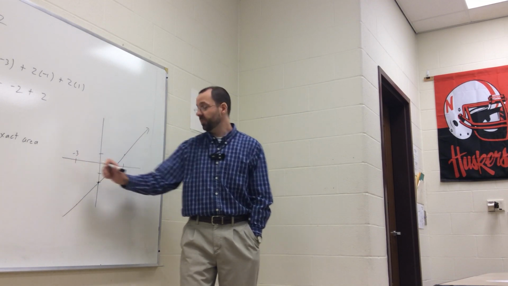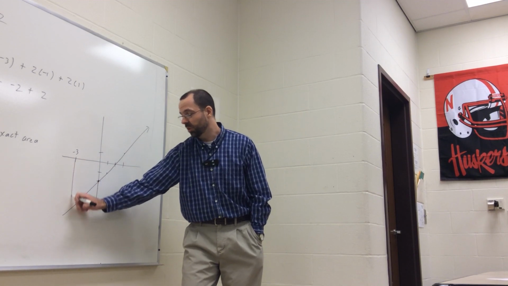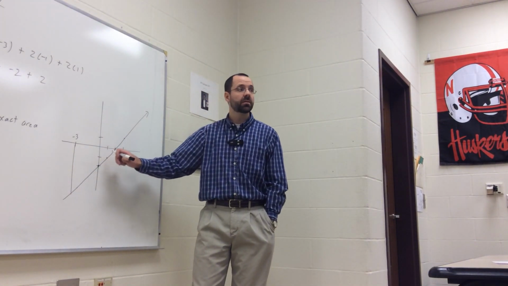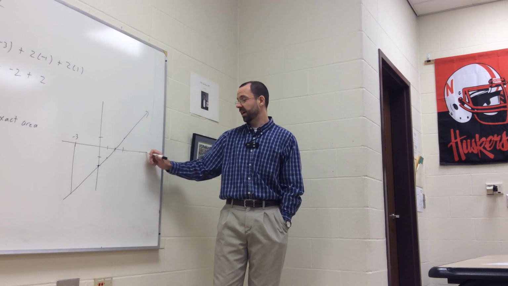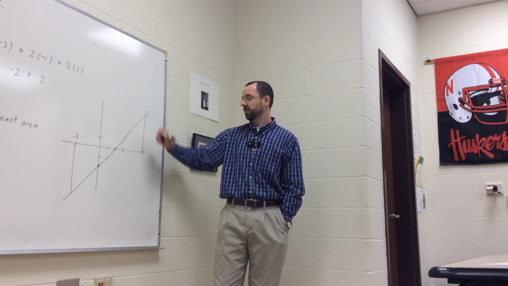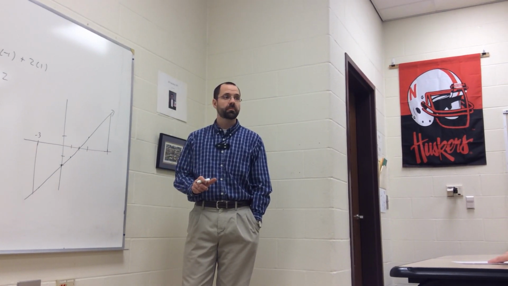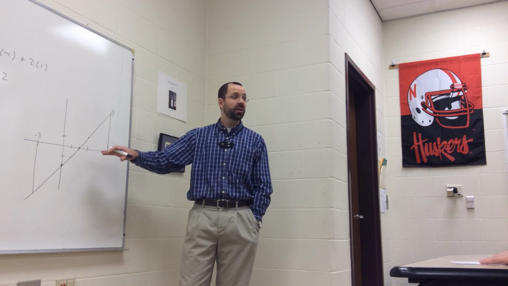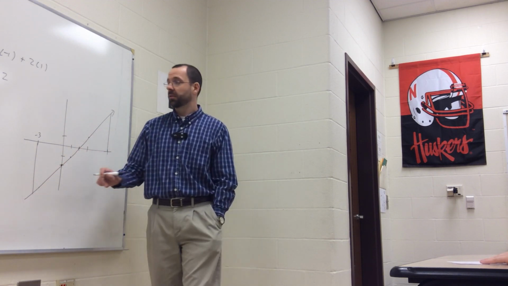So from negative 3 to 2, I've got a triangle below the x-axis. And then from 2 to 5, I've got a triangle above the x-axis. So to figure out the total area, I'm just going to add up the area of both of those triangles.